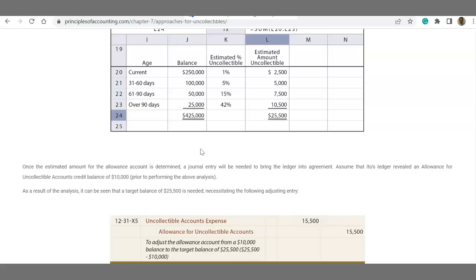You can see why it is so important to remember that if you use percentage of accounts receivable, you need to consider what is already left in the account, and because of that, how much you need to journalize on December 31st.